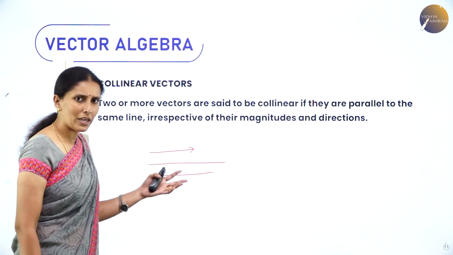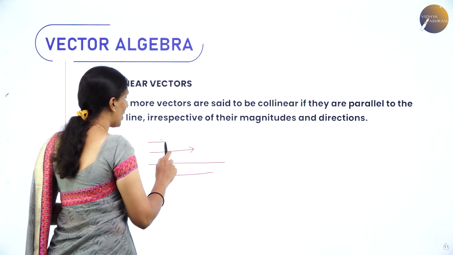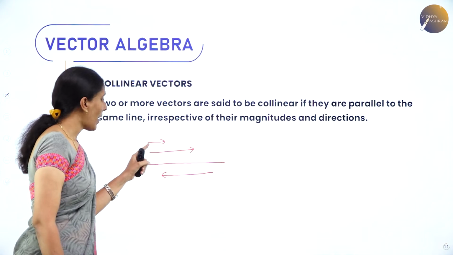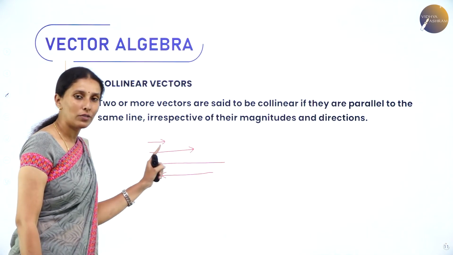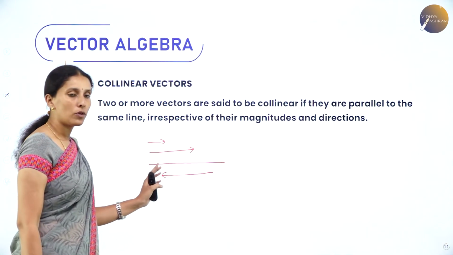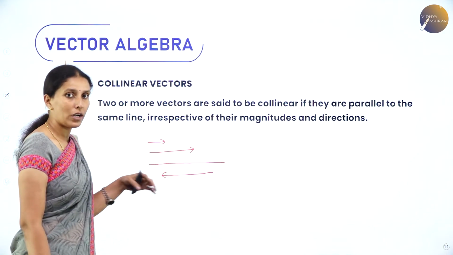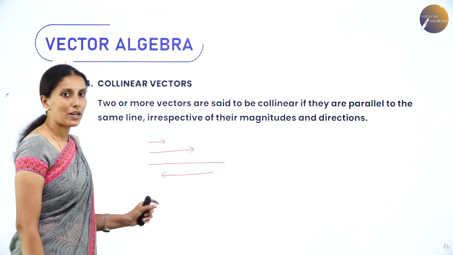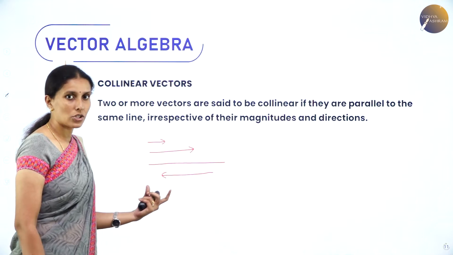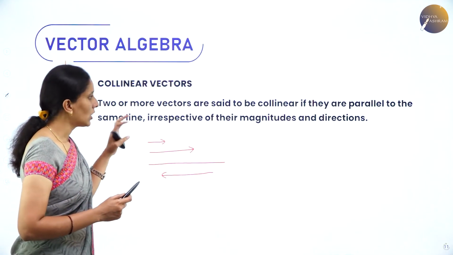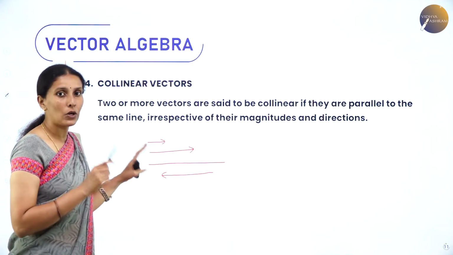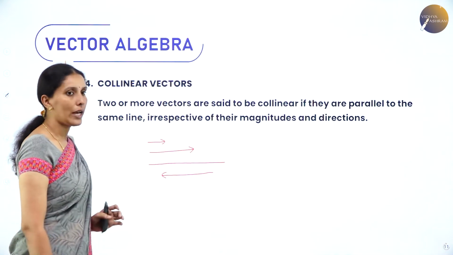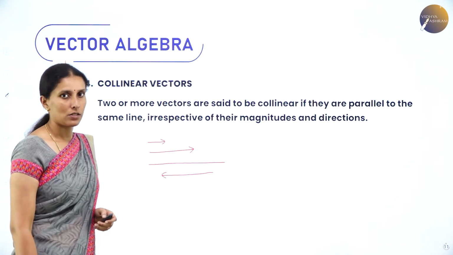Their magnitude may differ, their direction may differ; magnitude is nothing but the length of the vector, and direction may be opposite to the other vectors. Whatever it may be, whether in terms of magnitude or direction, it does not matter here. The only thing is it must be parallel to the given line. That is called collinear vectors.